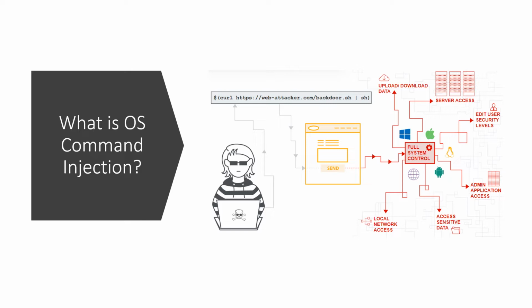Very often, an attacker can leverage an OS command injection vulnerability to compromise other parts of the hosting infrastructure, exploiting trust relationships to pivot the attack to other systems within the organization.